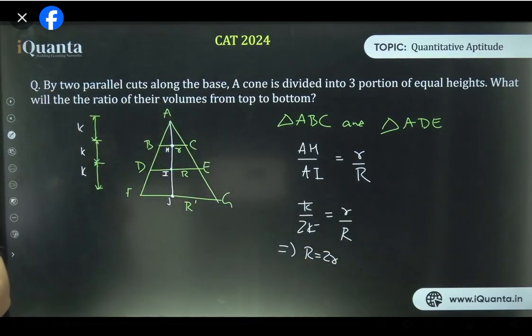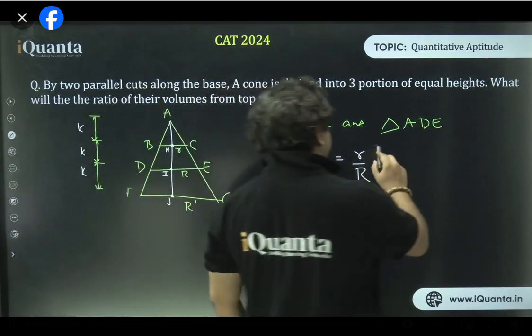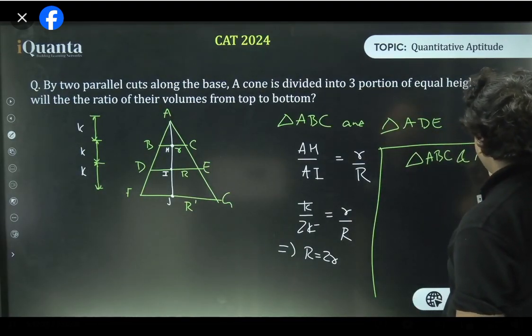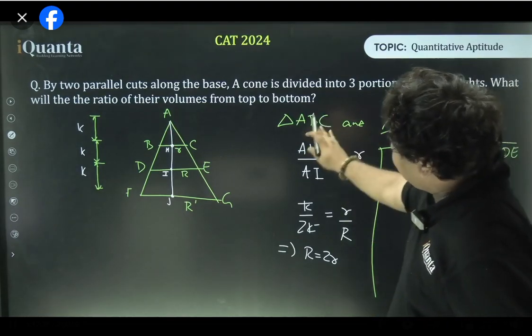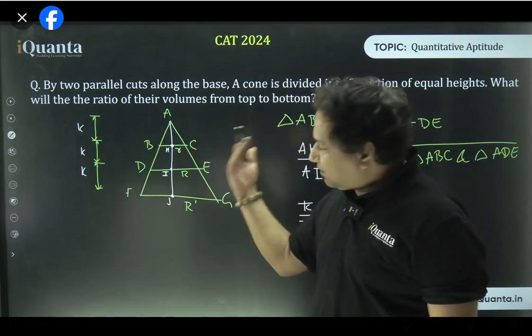Now it makes sense, right? Okay, so we have done that. Also, let's take two other triangles, triangle ABC and triangle ADE. Once we have done this, R dash should be arrived at by logical common sense.